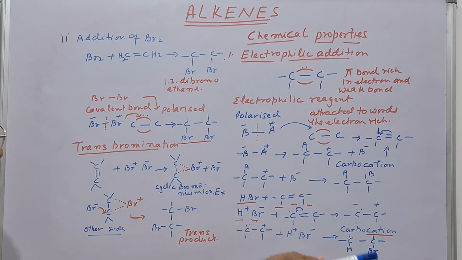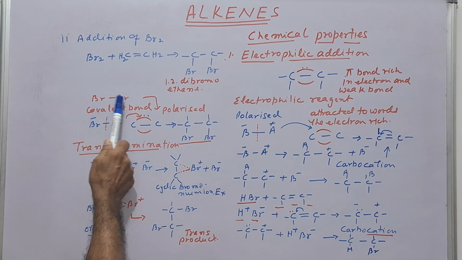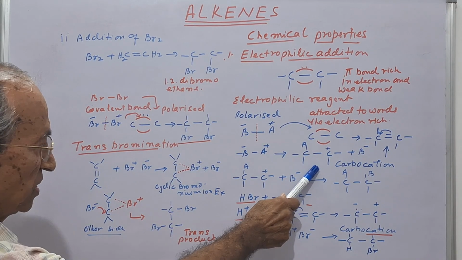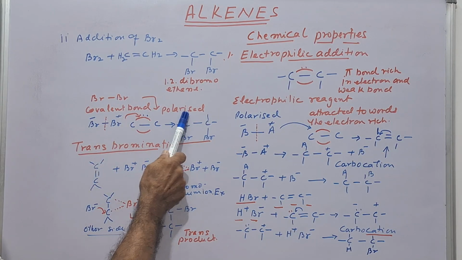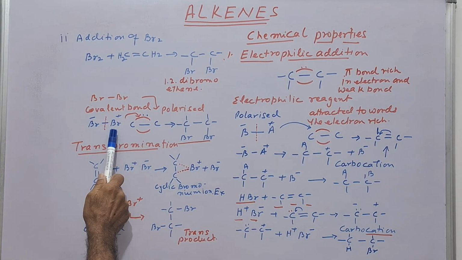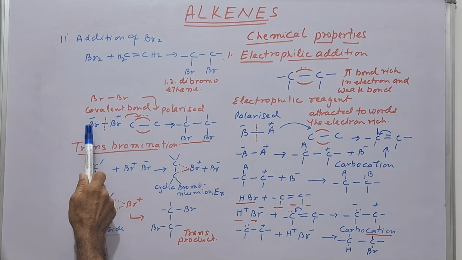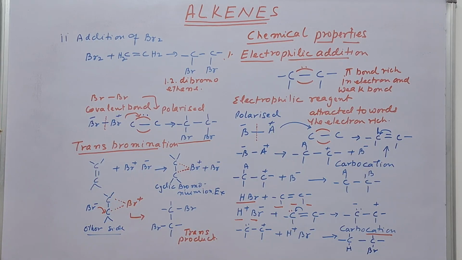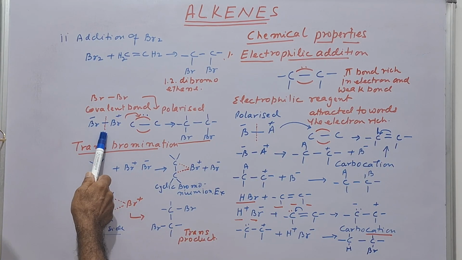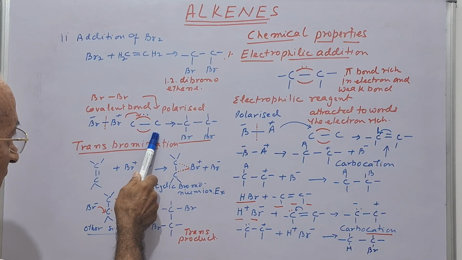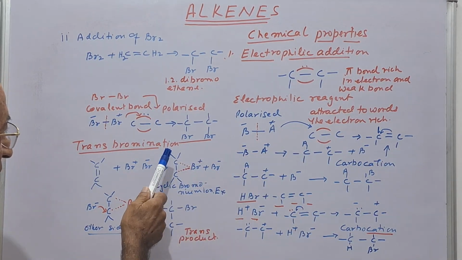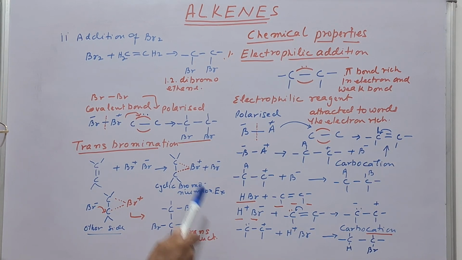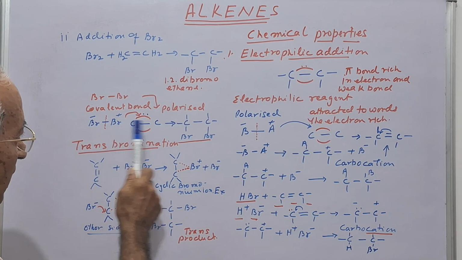In the same way, first this bromine molecule is polarized and breaks into bromine positive and bromine negative. It means polarization, that is, the shared electron pair is shifted towards one of the atoms. So it is polarized, and in the case of the ethylene, the pi bond electrons shift toward one of the carbon atoms, that is the carbocation, and then addition of the bromine takes place.